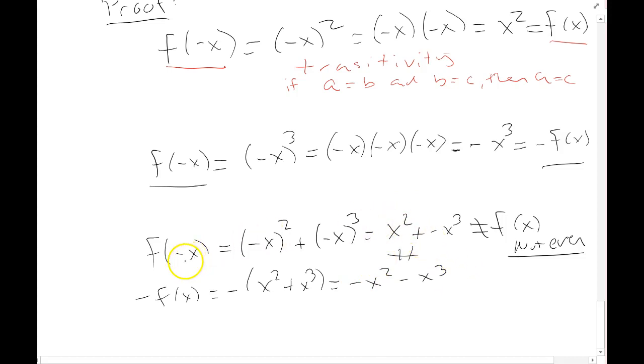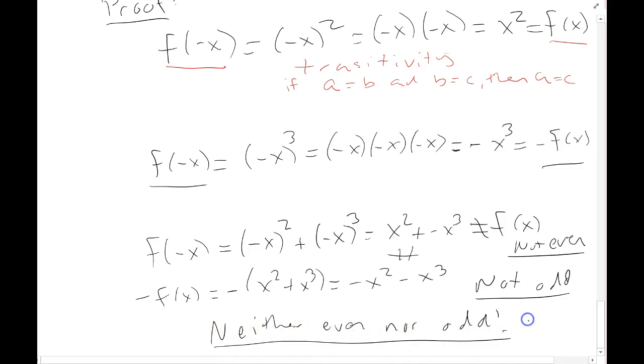So I know that f of x is not equal to negative f of x. So this function is not odd either. So what can I say? It is neither even nor odd. So to show something is neither, you just show that it can't be even, and you show that it cannot be odd.